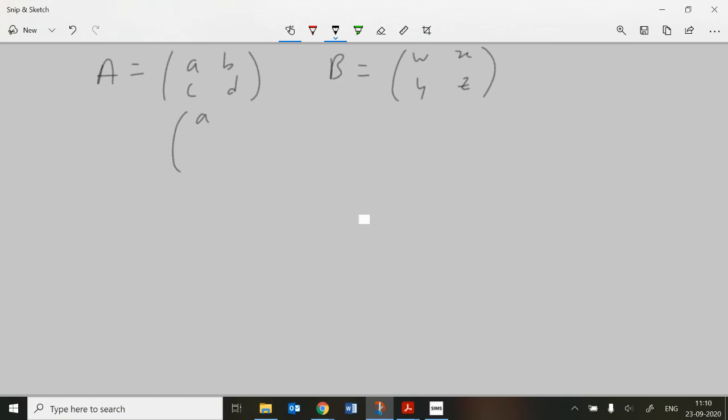We're going to get aw plus by, and then we'll get ax plus bz, because that's just this times this, and sum them together. And then, of course, we're going to get cw plus dy, and then we'll get cx plus dz. Okay, so that's the multiplication of A and B.